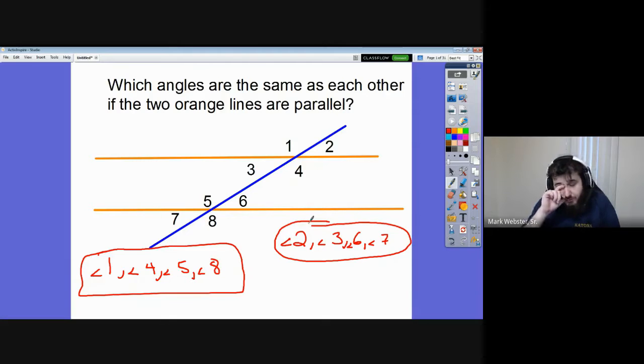Now, if you remember, linear pairs add up to 180. So if we know one of these angles, we can actually find all 8. Like if this is angle 2, if this is 30 degrees, automatically you know this is 150. So all these here are 30.